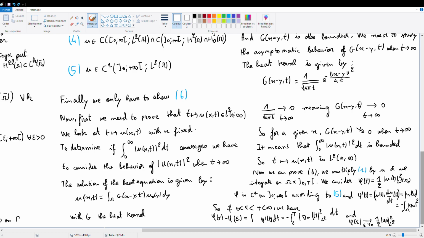So if epsilon is set between 0 and plus infinity, and t is also strictly set between 0 and infinity, we have our last result, and we just have to make epsilon go to 0 to obtain that phi(t) minus phi(0) is equal to minus the integral from 0 to t of the L2 norm of the gradient of u(t) squared.